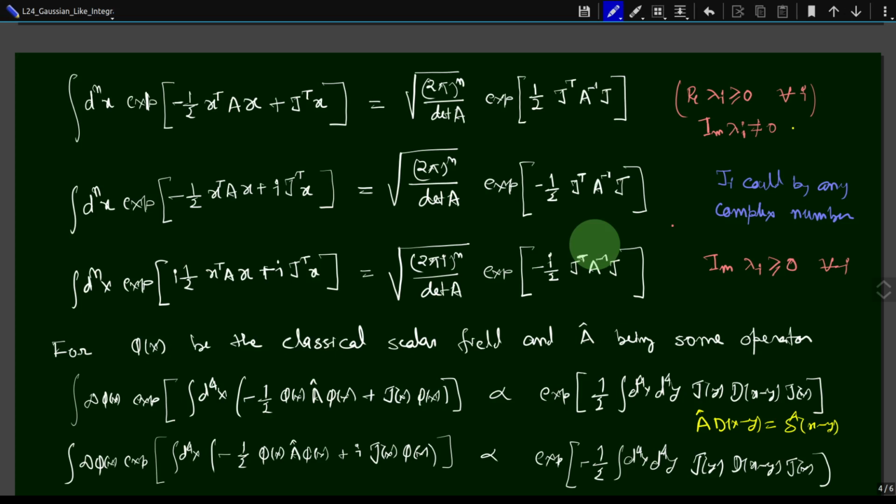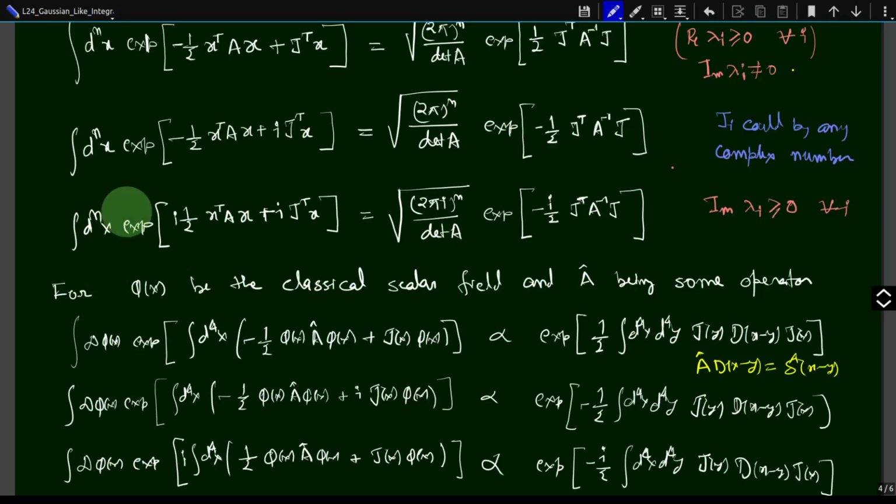There are countably many degrees of freedom, x, so that's why d and x, n number of independent coordinates. Now when I go to quantum field theory, the change that happens is that phi of x is a coordinate and x is just a label. Here x_i, i is the label, here phi of x, x being the label, and x is continuous.